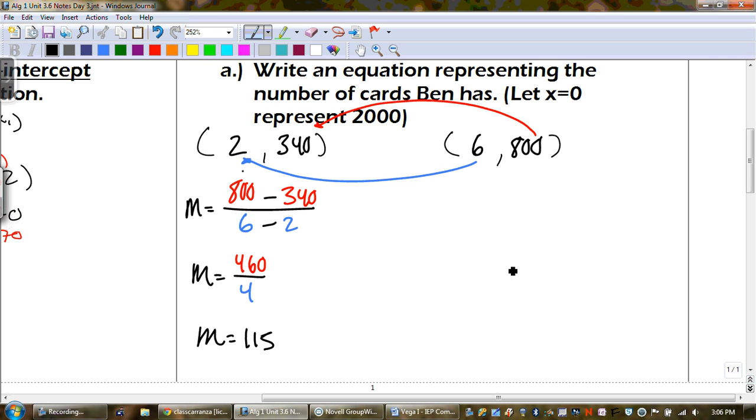When you divide that out, you get m equals 115. Now we got to plug this in. We know our slope is 115, and then you can pick either point, the first one or the second one. I'm going to pick the first one just because the numbers are a little bit smaller.